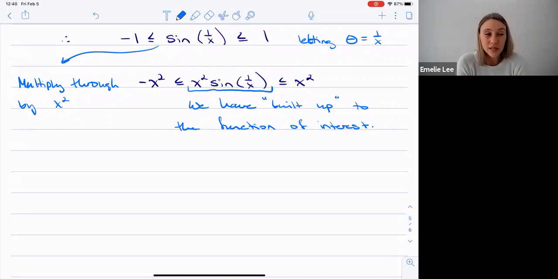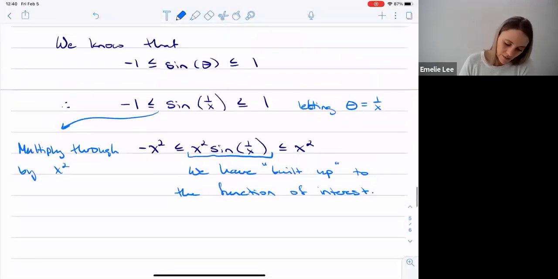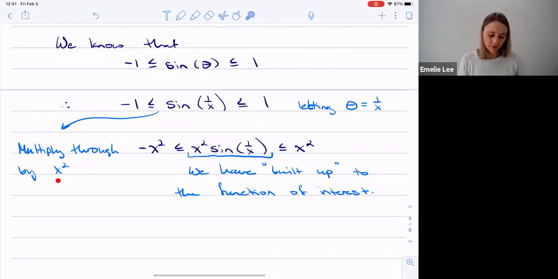One thing that I should note, though it's not going to be a problem typically: when I multiply through by x squared, remember the problem with inequalities is that if I multiply or divide by a negative number, then I have to switch the signs. But x squared is always going to be positive, so here it doesn't change the inequality.